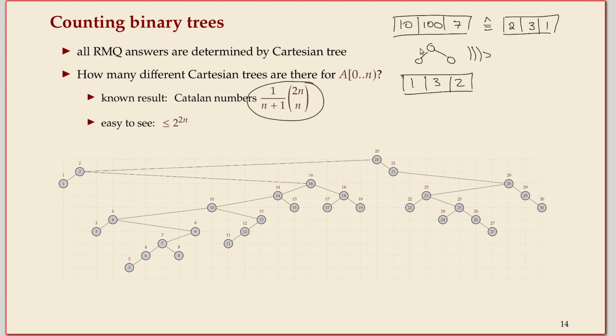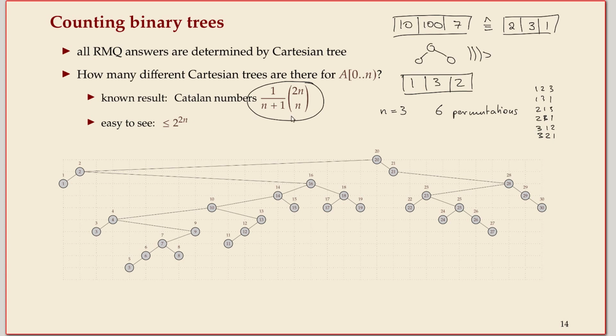So, for example, if you have 3 elements, there are 6 permutations. So there are 6 different ways how you can order the numbers 1, 2, and 3. Well, it's 1, 2, 3, 1, 3, 2, 2, 1, 3, 2, 3, 1, 3, 1, 2, and 3, 2, 1.